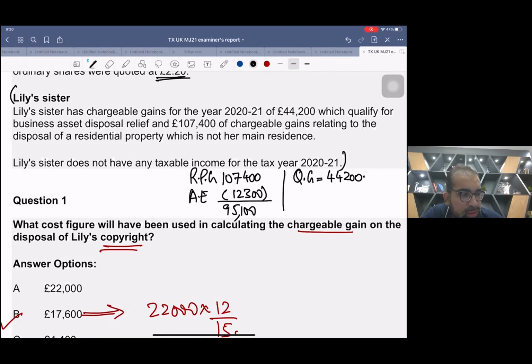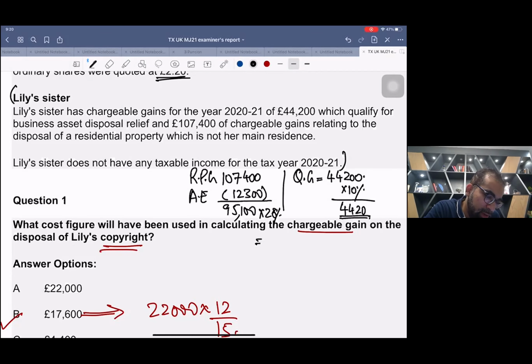In this question, there is no non-savings interest, no interest, no dividend. So first of all, we calculate on the QG. The flat tax rate is 10%. This is 4,420. This is the first gain. As your QG is 44,200, your 37,500 band is completely consumed. So now your RPG will come in the second band, and you know the second band rate for RPG is 28%.